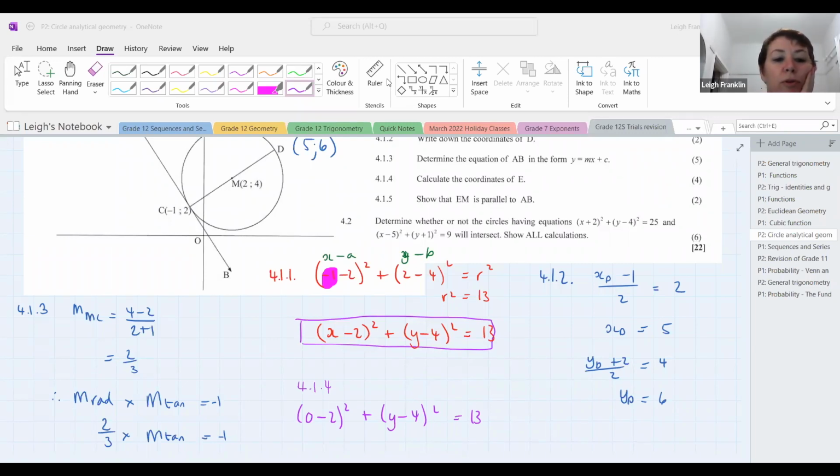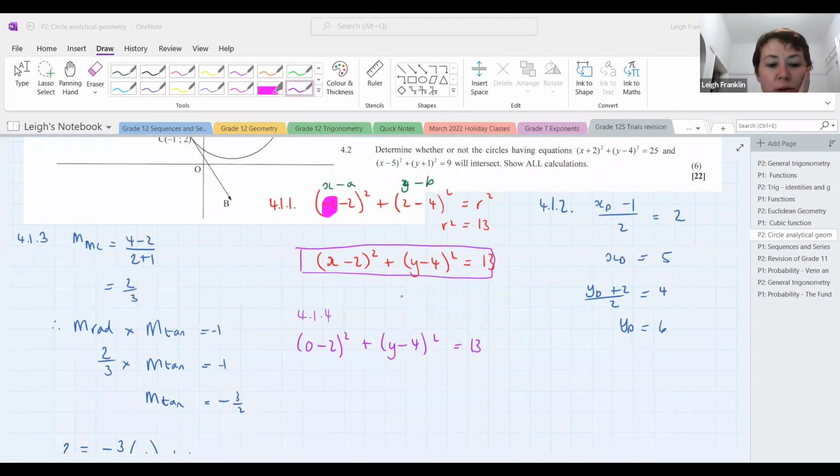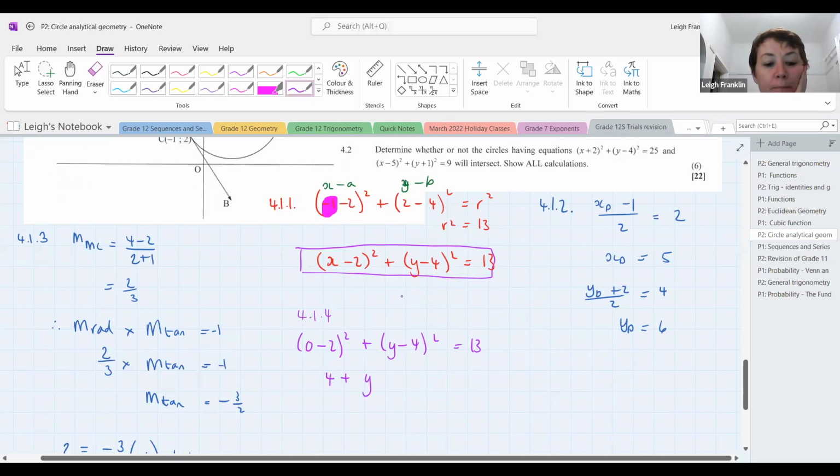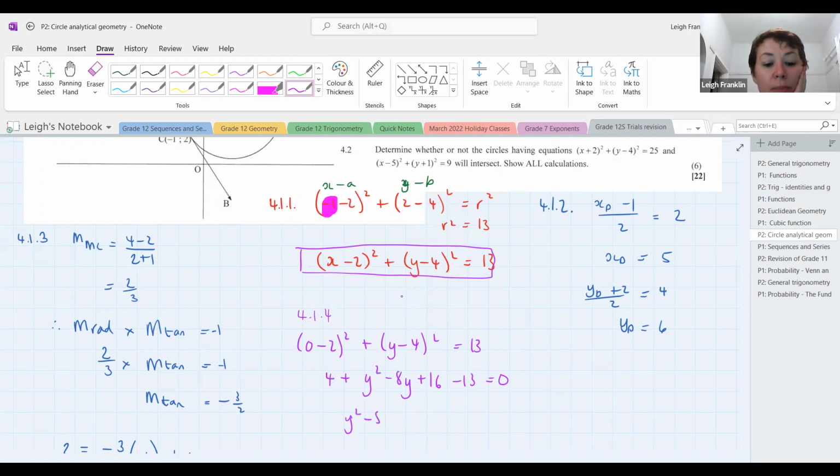Okay, so I hope you got the same answer. I'm going to also work through this. So here we would have ended up with 4 plus y squared minus 8y plus 16 minus 13 equals 0. So that would give us y squared minus 8y, and then that would be 3 and 4 is 7.